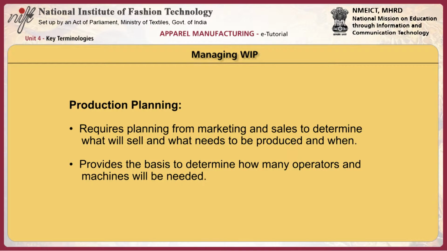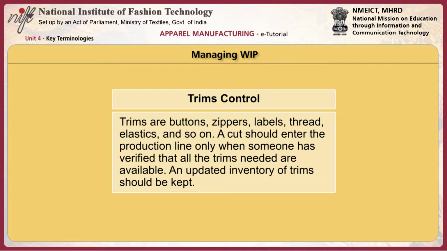Production planning requires input from marketing and sales to determine what will sell and what needs to be produced and when. This provides the basis for determining how many operators and machines will be needed. Trims are buttons, zippers, labels, thread, elastics and so on.